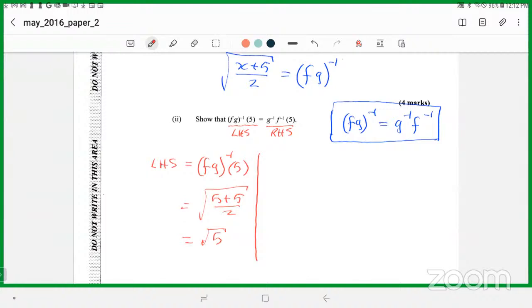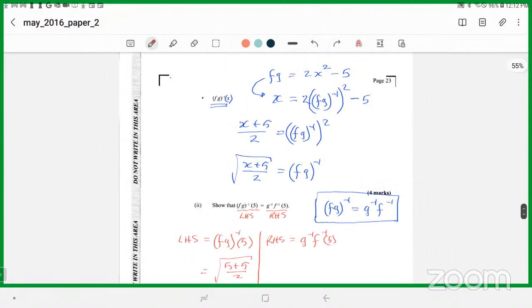So the right-hand side, careful now, is g to the minus 1 of f to the minus 1 of 5. Now this means that we have to work out this part first, f to the minus 1 of 5. How do we get f to the minus 1 of 5? We have to plug the 5 into the f to the minus 1 function.